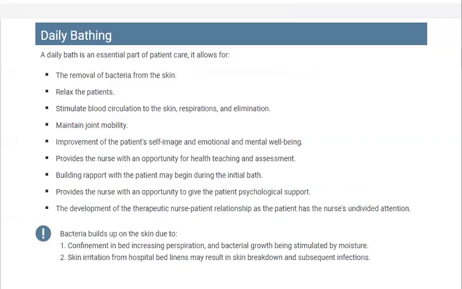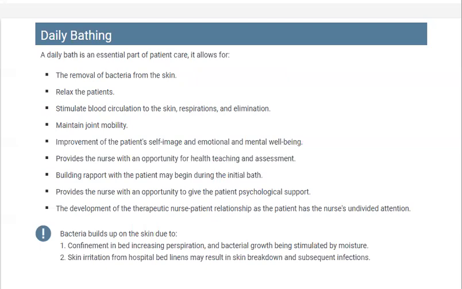It allows for the removal of bacteria from the skin, relaxes the patient, stimulates blood circulation to the skin, respirations and elimination, maintains joint mobility, improves the patient's self-image and emotional and mental well-being, and provides the nurse with an opportunity for health teaching and assessment.